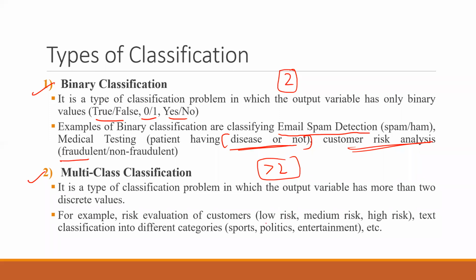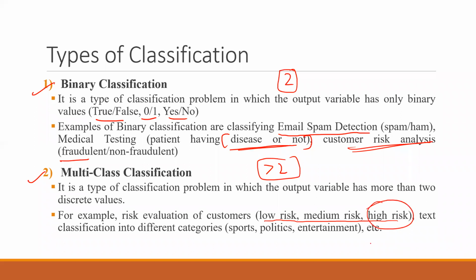And multi-class can be, let's say, risk evaluation of customers: low risk customer, medium risk, high risk, maybe in terms of credit card payment. That person is ranked as a low risk customer if he is doing the payments on time, and if he is unable to do the payments, he is a high risk customer.